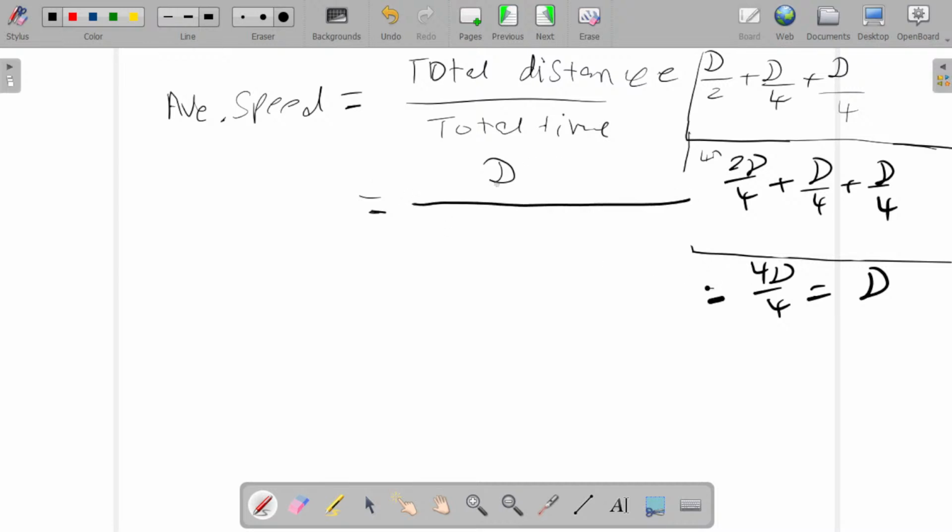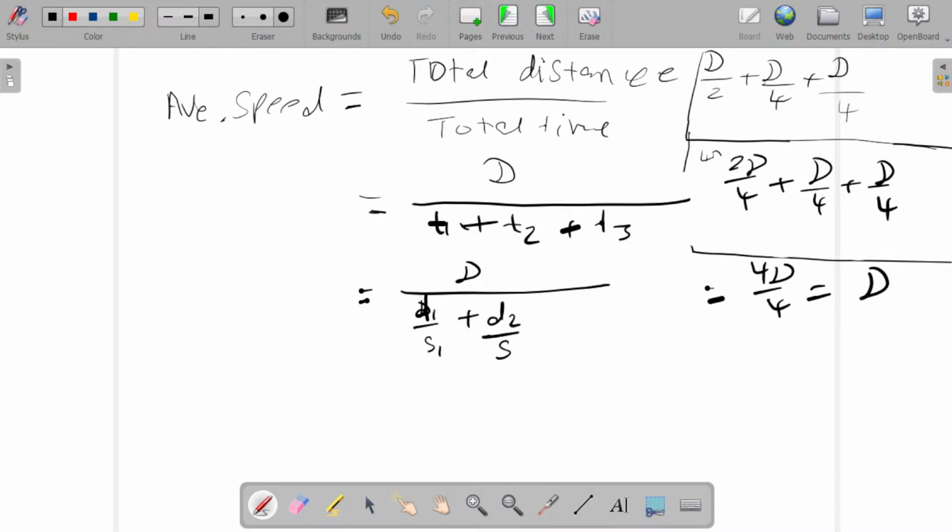Okay, we can cross-check. We directly took d, and total time equal to t1 plus t2 plus t3, equal to distance 1 by speed 1 plus d2 by speed 2 plus d3 by speed 3.